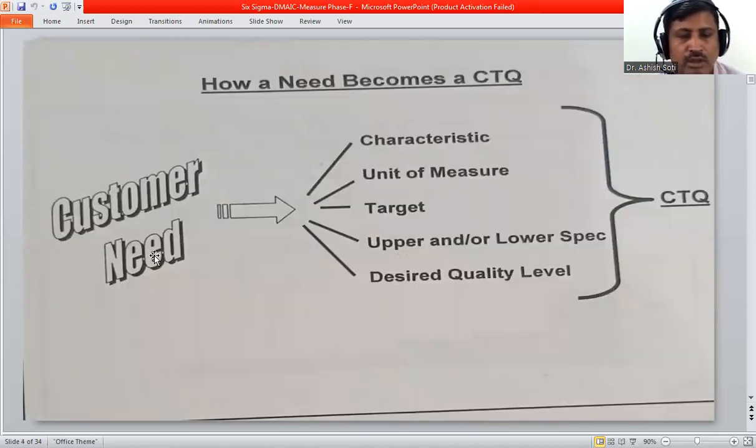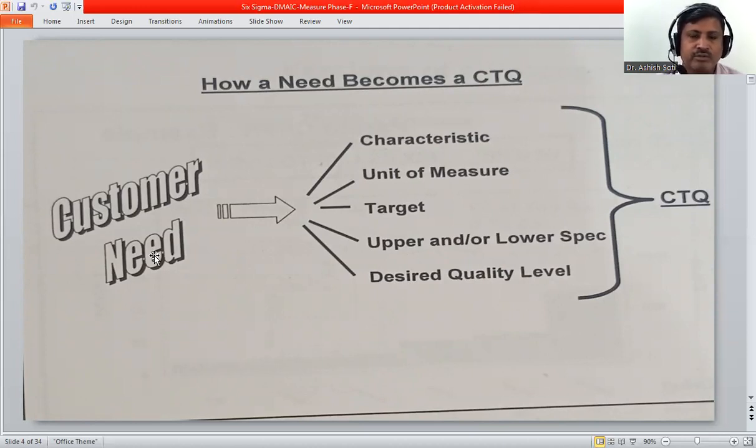I'll be picking up some of the tools which we can use here and explaining them to you. You can implement them, start doing it yourself, as I suggested earlier. How a need becomes a CTQ, that is very important. How a customer need can become a CTQ. A customer need can be any vague thing, anything which is not well defined.